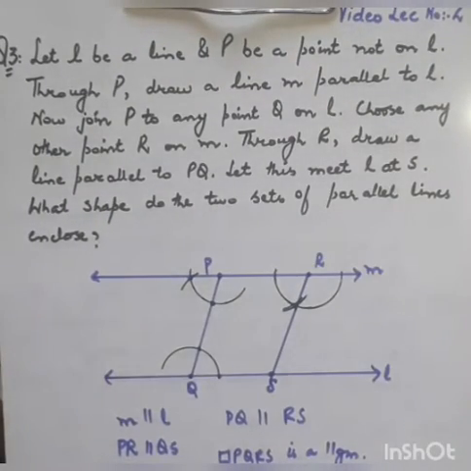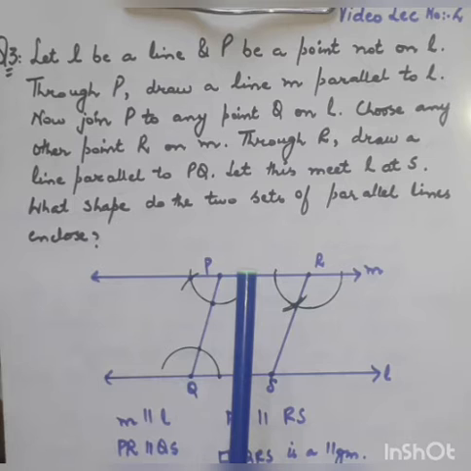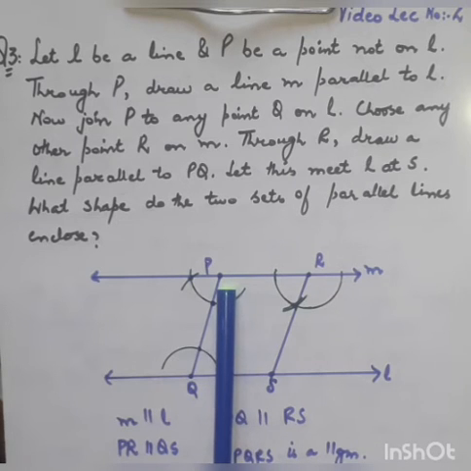Now students, you will write the steps of construction yourself. Step 1 will be take a line L and take a point P outside the line L. Then take another point on L and join that point with point Q. Then with Q as center, with some convenient radius, draw an arc, and then with P as center and the same radius as in the previous step, draw another arc.